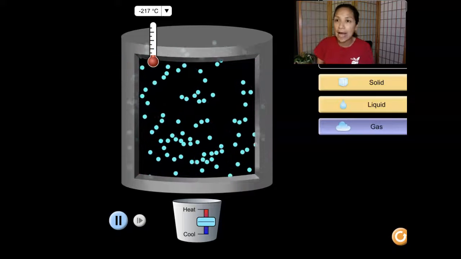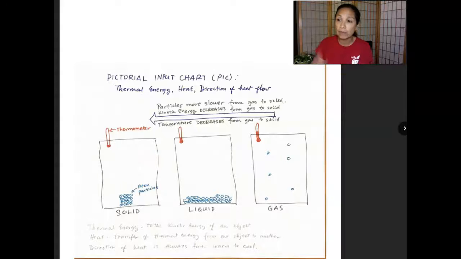Looking at our pictorial input chart, we have created the model from the simulation. You've got solid and liquid and gas, and we just used neon particles. We placed the thermometers in each container, and we labeled it solid, liquid, and gas.